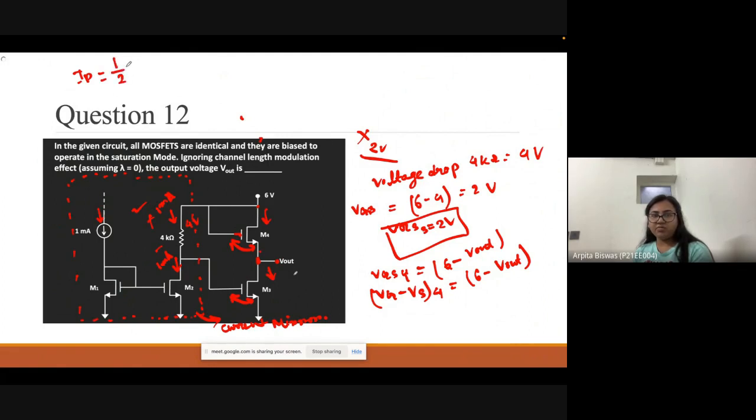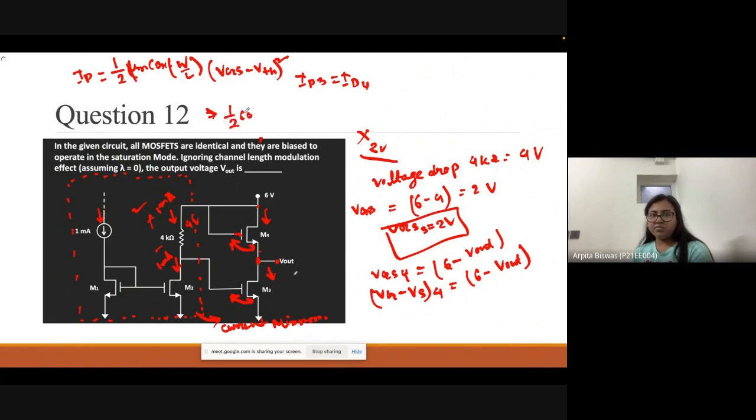ID is half of mu1 Cox W by L into (VGS minus VTH) whole square. Both are in series, so ID3 equals ID4. Write down the equation for ID3.